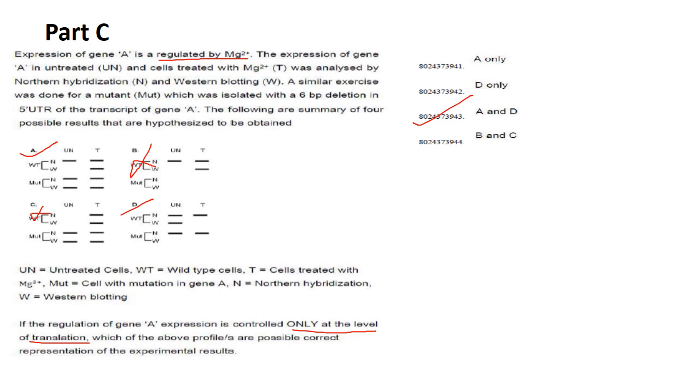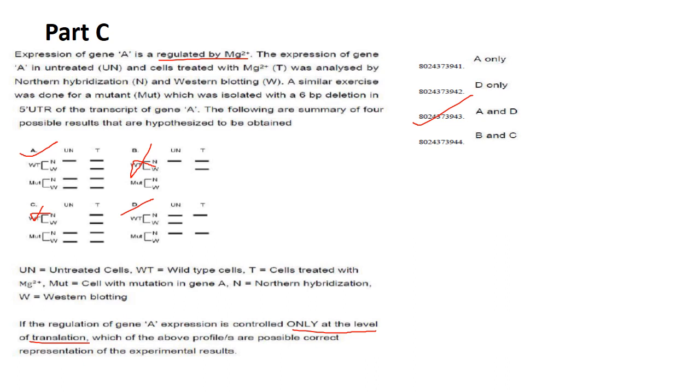If you see option B, in northern blotting, there are bands for RNA, but there are no bands for northern blotting in case of the mutant. So that is not correct, because it is already told in the question that gene A expression is controlled only at the level of translation.